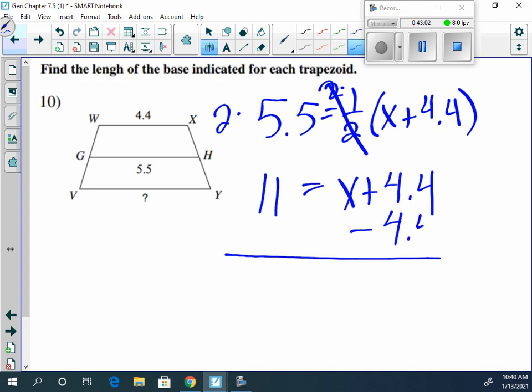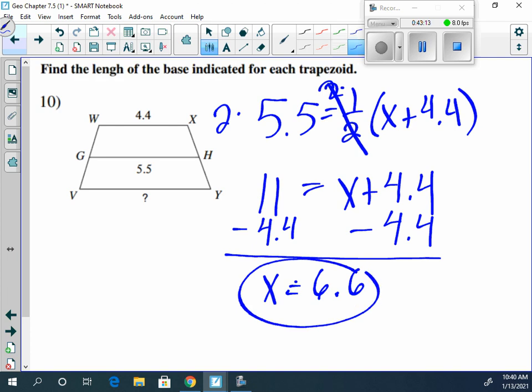And if we subtract it from both sides, we would get x is equal to 2.2. So we would do the same method. I jumped through it because we've got less than a minute before the bell.